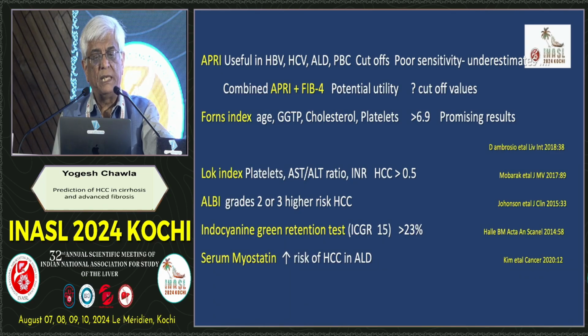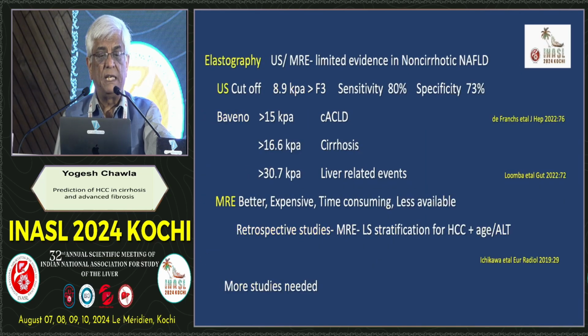A combination of APRI and FIB4 is also one of the possibilities that people have thought of. And you have a series of other predictive models like Fawn's index, LOC index, ALBI, indocyanine green retention test, and serum myostatin, which have all been shown in individual studies to help in predicting HCC, but without enough validation.